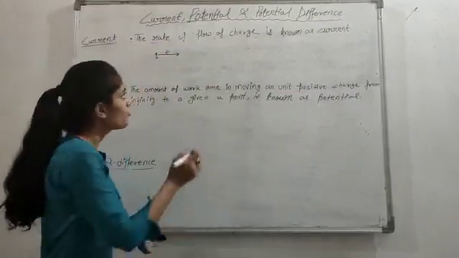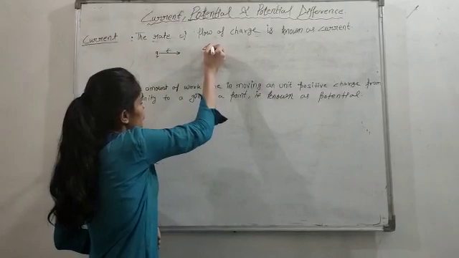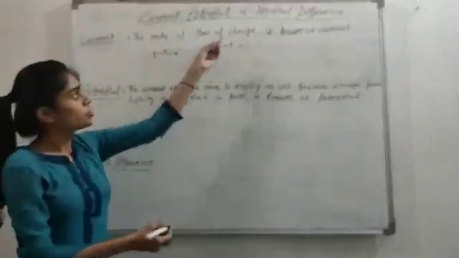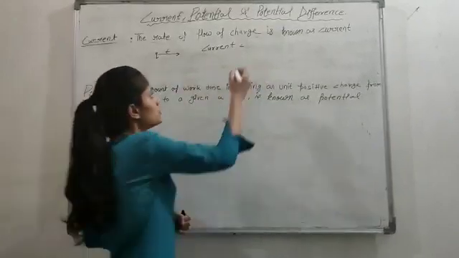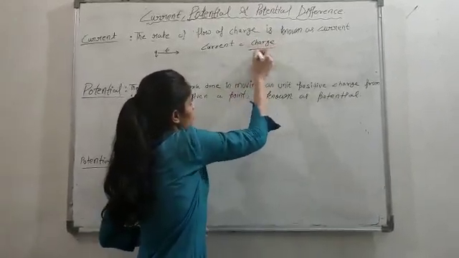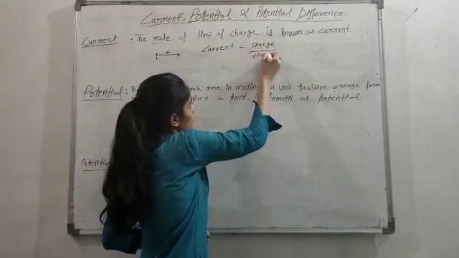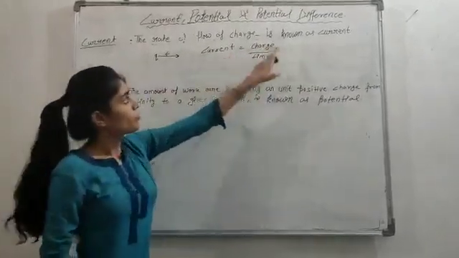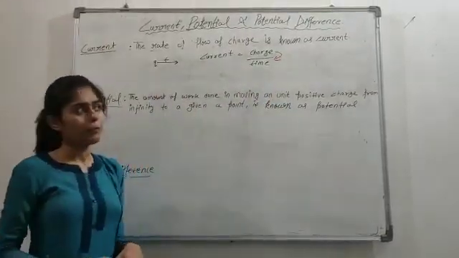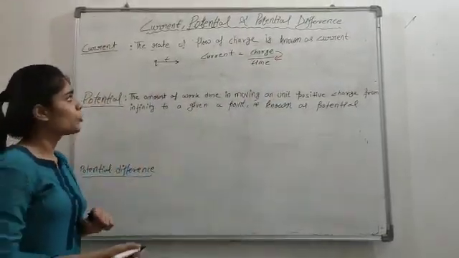If we formulate the current according to the definition, then it becomes charge per unit time, or flow of charge per unit time. So this is the current formula.